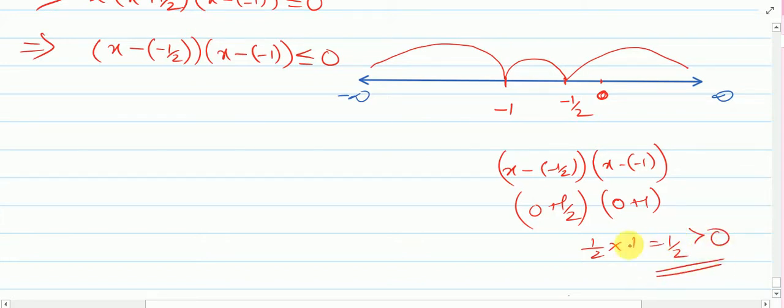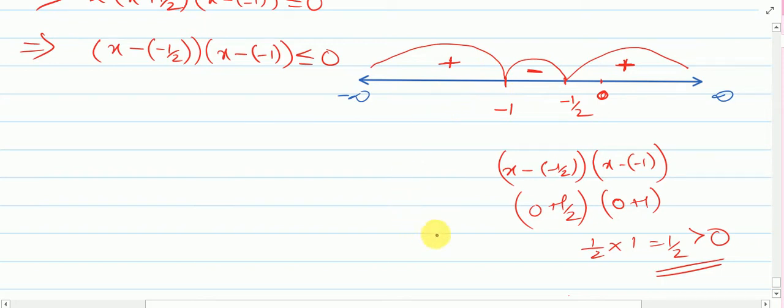So you are getting a positive value, yes or no? So you'll write plus over here. And once you came to know that in this interval the left hand side is giving you positive, now you have to fill it alternately. That means now this will be minus, then this will be plus.